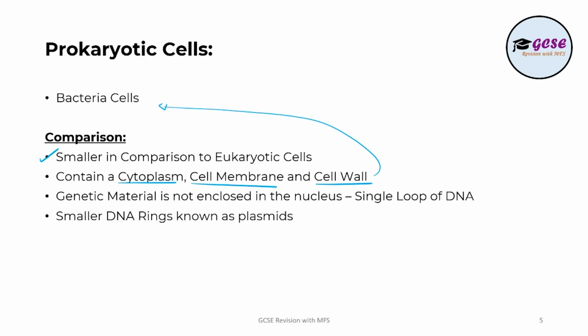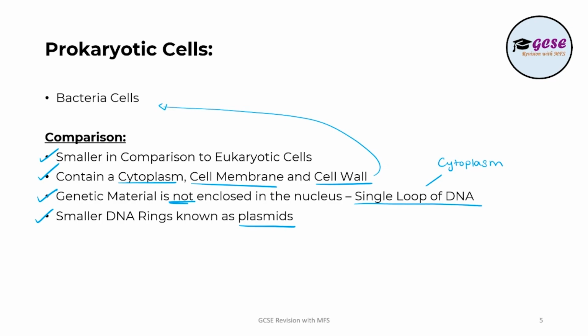We've looked at the functions of all of those organelles. The genetic material is not enclosed in the nucleus. There's only a single loop of DNA, which is present in the cytoplasm, and they also contain smaller DNA rings known as plasmids. Okay, so that's the comparison between prokaryotic cells and eukaryotic cells.